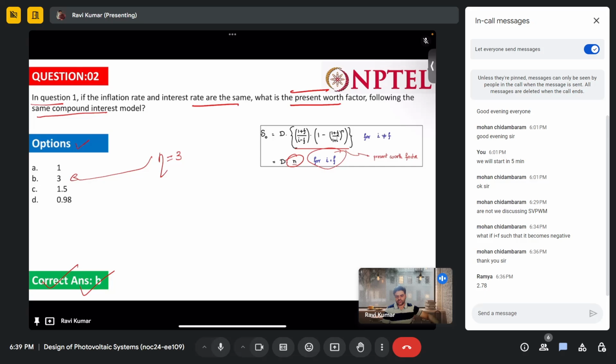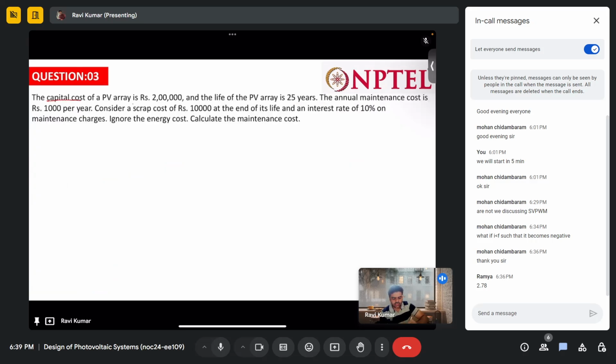Let's come to the next question. The capital cost of, okay, not this question, different question. It is based on the PV system. So the capital cost of a PV array is 2 lakh rupees and the life of PV array is 25 years. The annual maintenance cost is 1000 rupees per year.